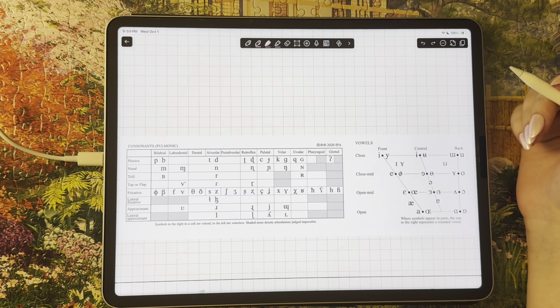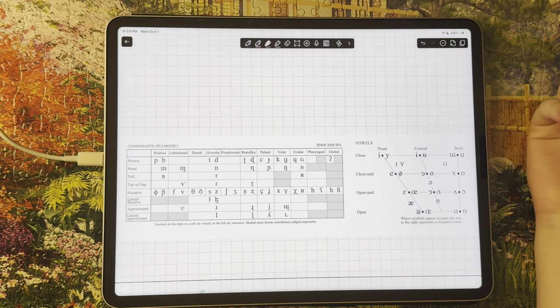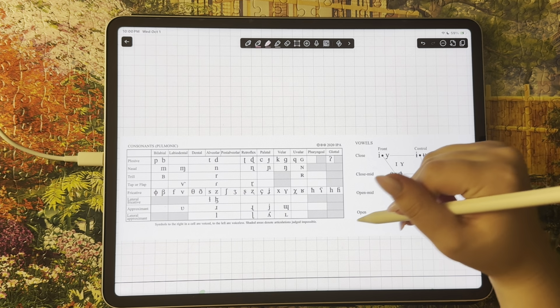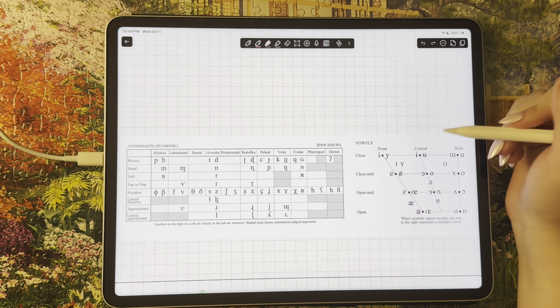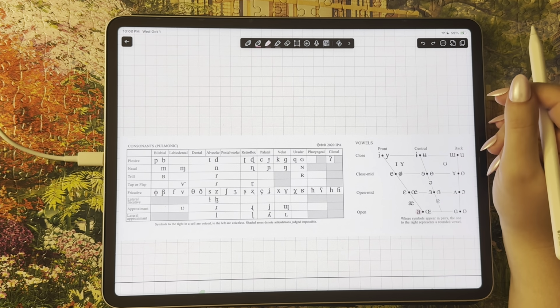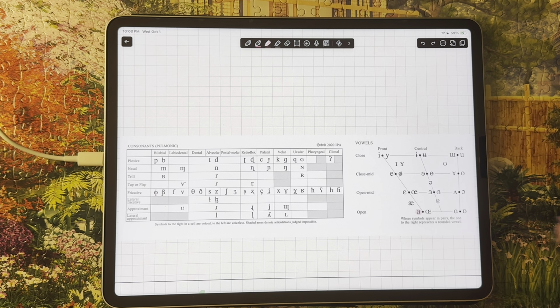And let's see, I think we'll go with this one next. It is the ah sound, so it's completely open in front. So ah, like in hot or caught.